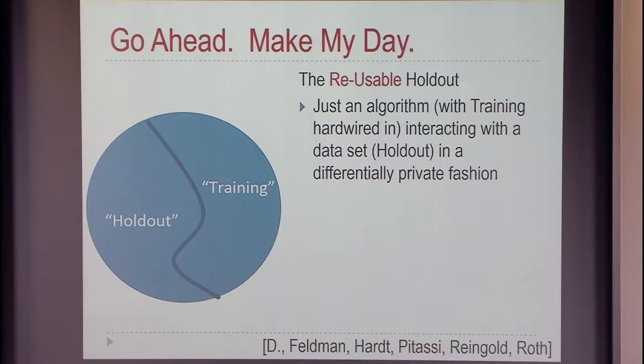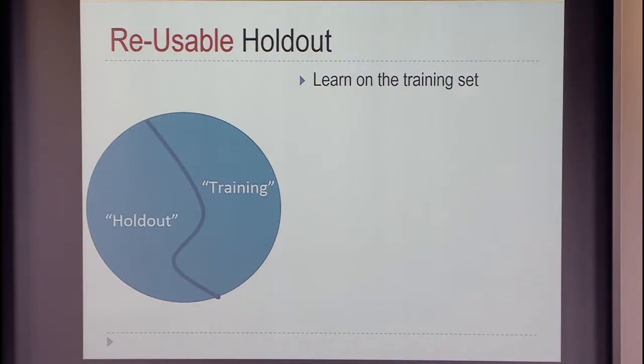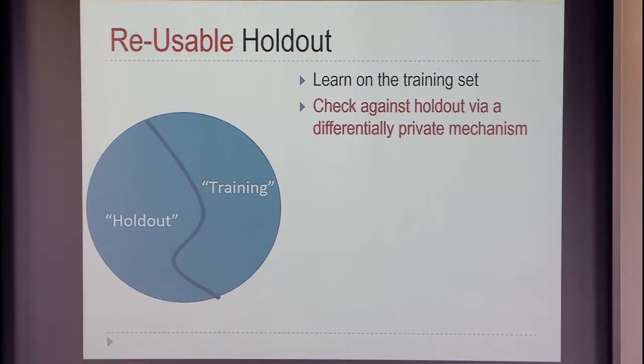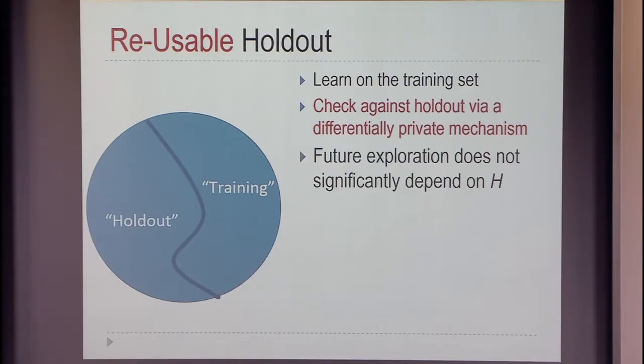But when you think you've come up with an interesting conclusion, you are going to test it on the holdout set the way you've always done before, except not. You're going to interact with the holdout set in a differentially private way. So learn on the training set, check against the holdout via a differentially private mechanism.